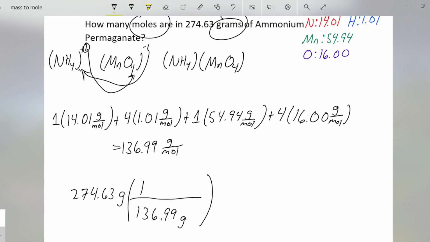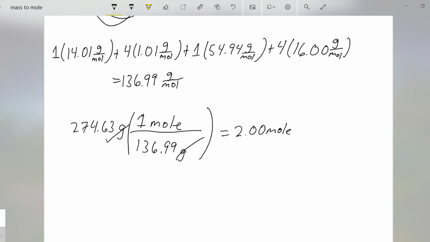And on the top deck where we can get at it for our mole island adventure is our 1 mole. Our grams will cancel top and bottom, and then we are left with just 274.63 divided by 136.99. And that is pretty close to 2 moles. I think when I plug this in my calculator, I got 2.004, some other numbers, but we'll round it to 2 decimal places, and we will call it 2 moles.